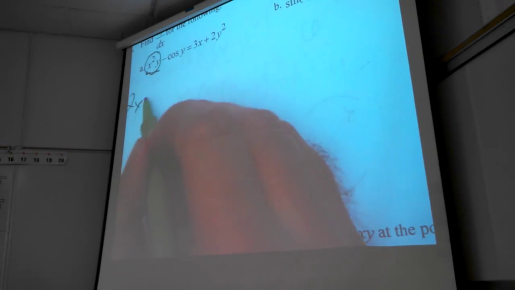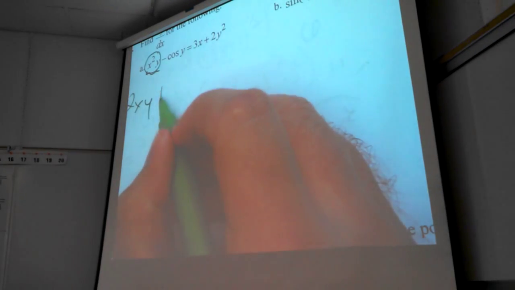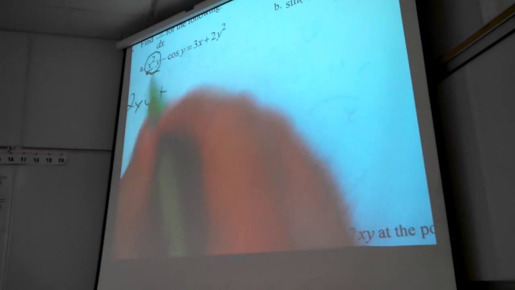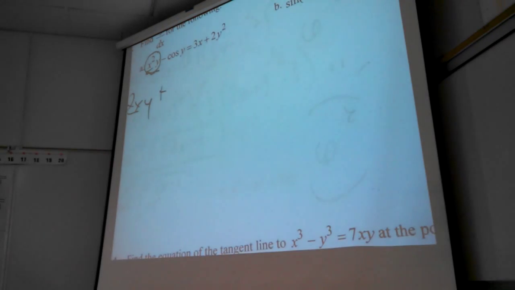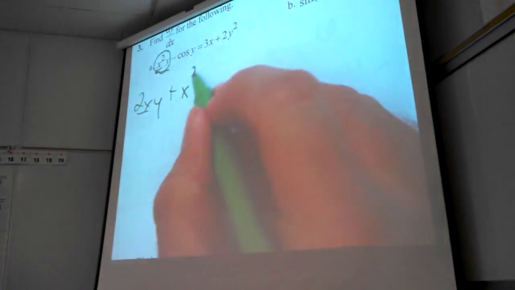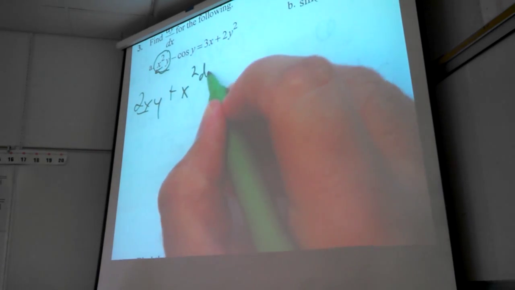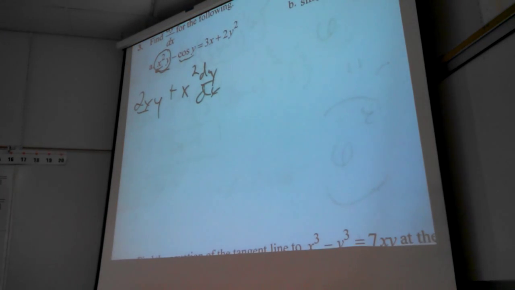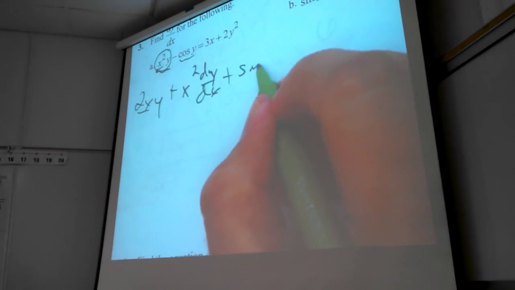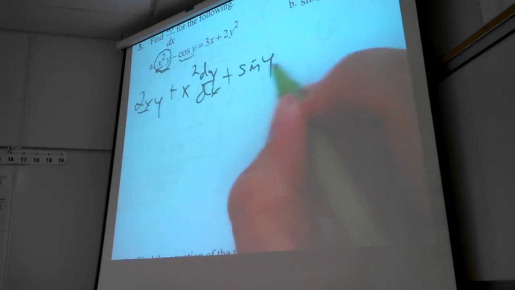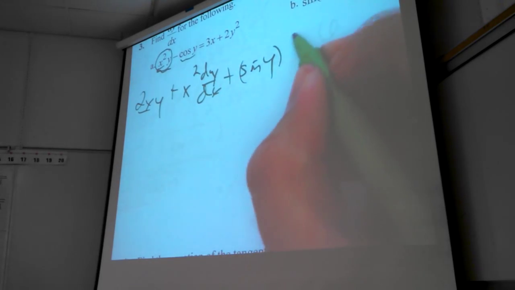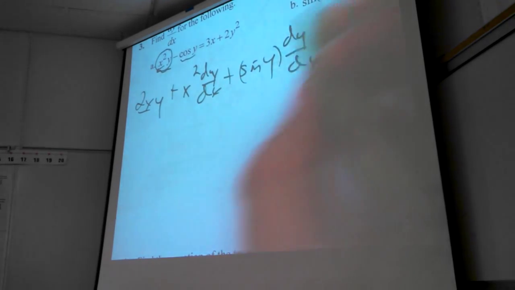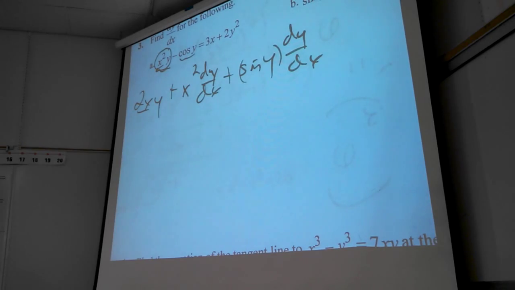Yeah, 2xy plus, so derivative of x squared times y plus x squared times the derivative of y, which is dy dx. And then what's the derivative of cosine? Negative sine. So minus cosine becomes positive sine y, and the inside is y, so I have to multiply by dy dx.